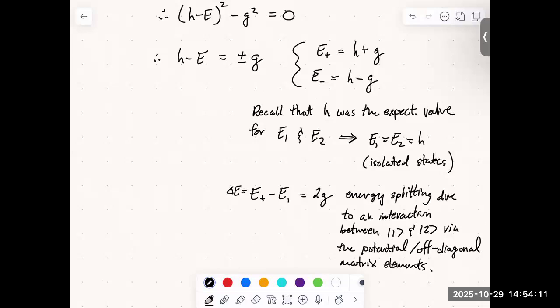Now, what I'd like to do next is go back, and we have the eigenvalues. We should be able to now reconstruct the eigenvectors.